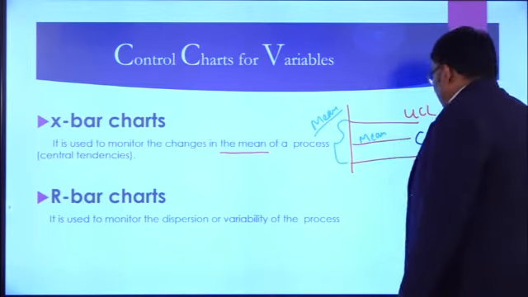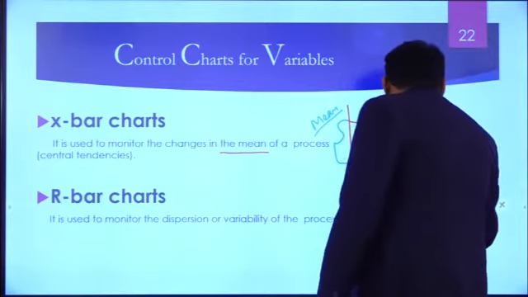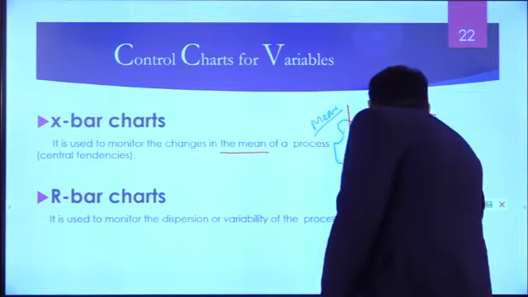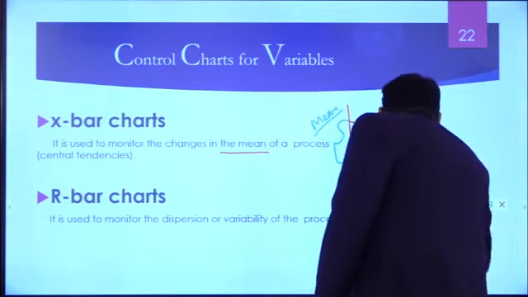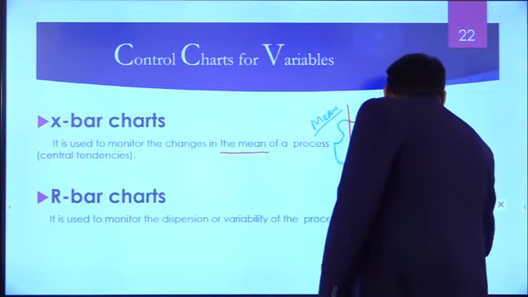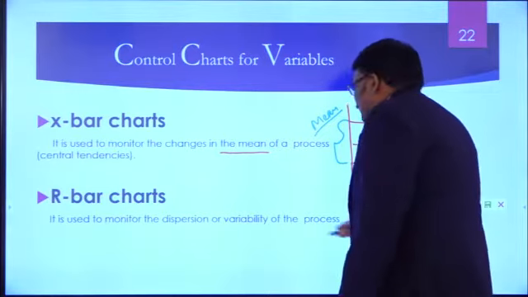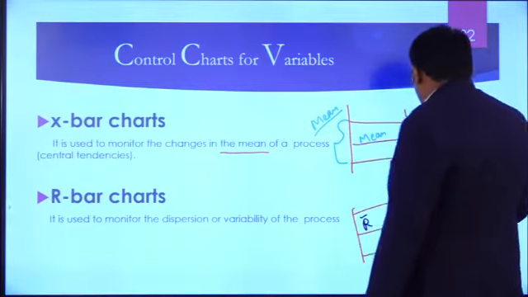And the other one, this R bar chart. In case of the R bar chart, we have the same limits, UCL, LCL. Whereas, R bar is this, the range.